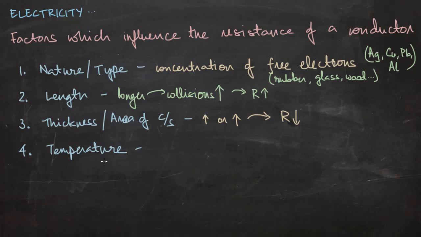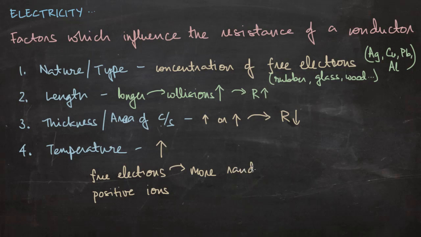Next comes the temperature. If you think about temperature, what happens? If we increase the temperature of the conductor, we had free electrons and we had the fixed positive ions. The free electrons, with the increase of temperature, would start having more random motion.